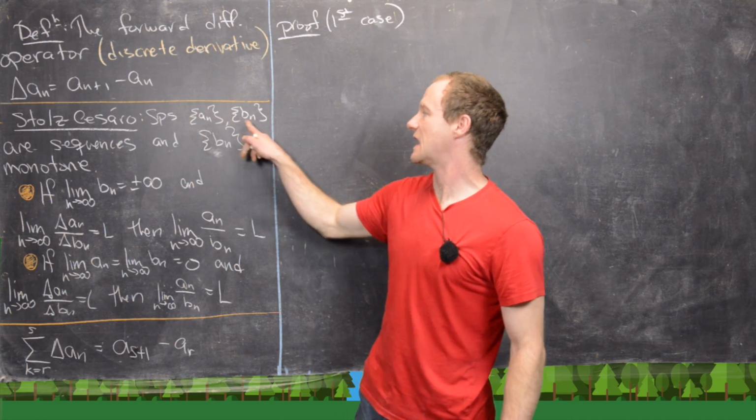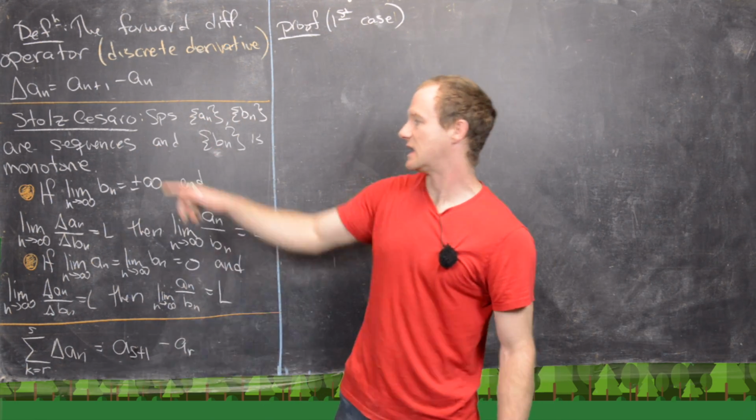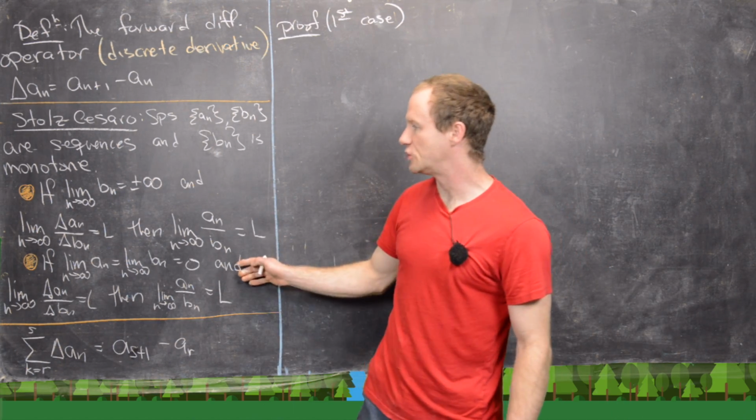Suppose that a_n and b_n are sequences and b_n is monotone. Then we have two cases.